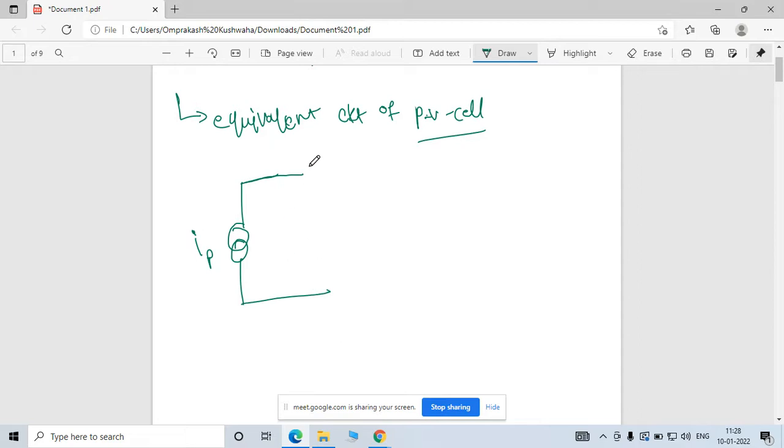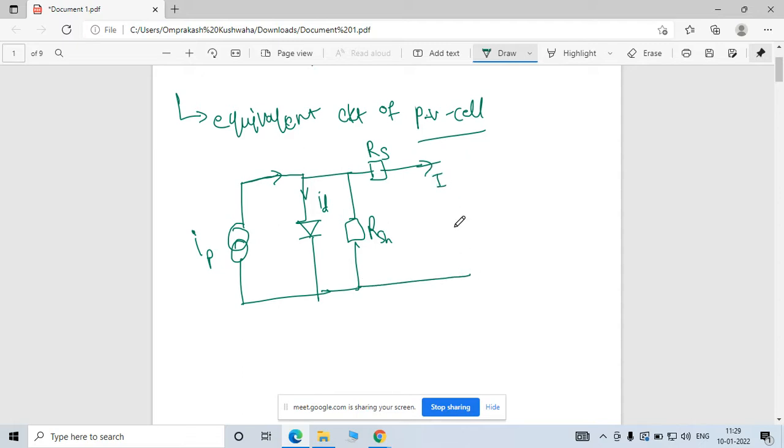Here is the diode current, ID, flowing in this direction, and a shunt resistance connected across this, and the series resistance with this. Now here is the total current I flowing from this side, and this is your terminal voltage.